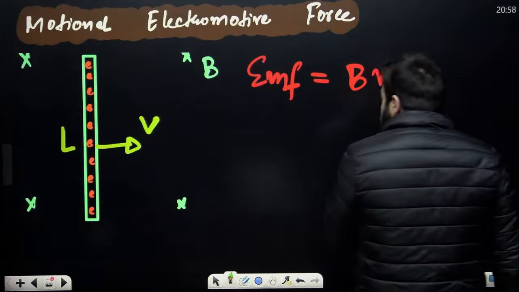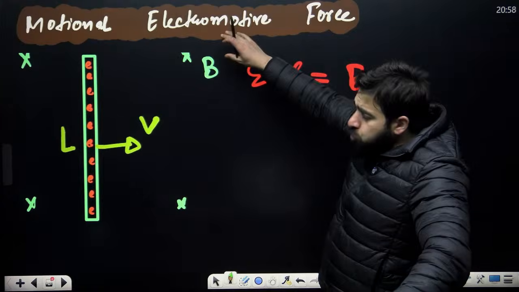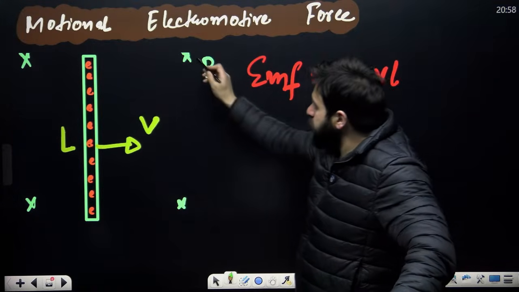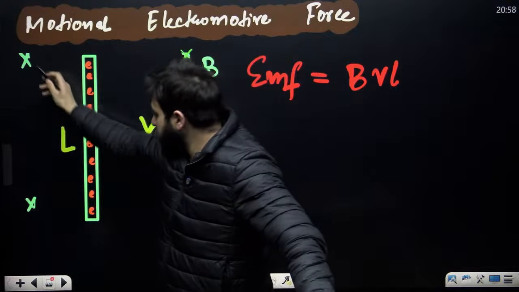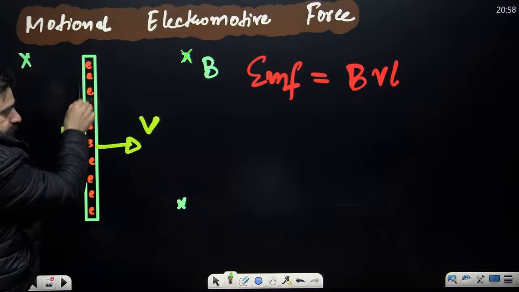Motional EMF, motional electromotive force. Guys, see, motional electromotive force is nothing but you have a magnetic field over here, and in this magnetic field you have placed a rod.